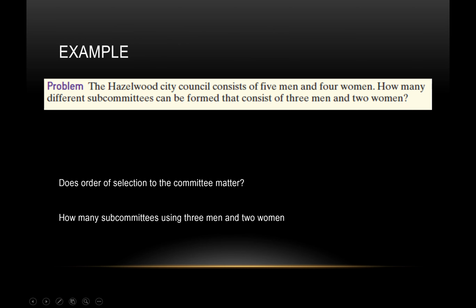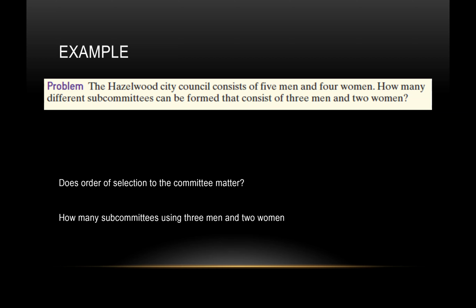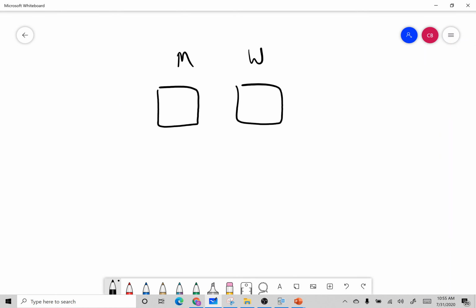So the Hazelwood City Council consists of 5 men and 4 women. Since it's a council, how many different subcommittees can be formed that consist of 3 men and 2 women? So we'll do this with the boxes. We're going to choose from the men and from the women. It says 5 men, 4 women, and 3 men, 2 women. So obviously order doesn't matter. We have 5 choose 3 and 4 choose 2.